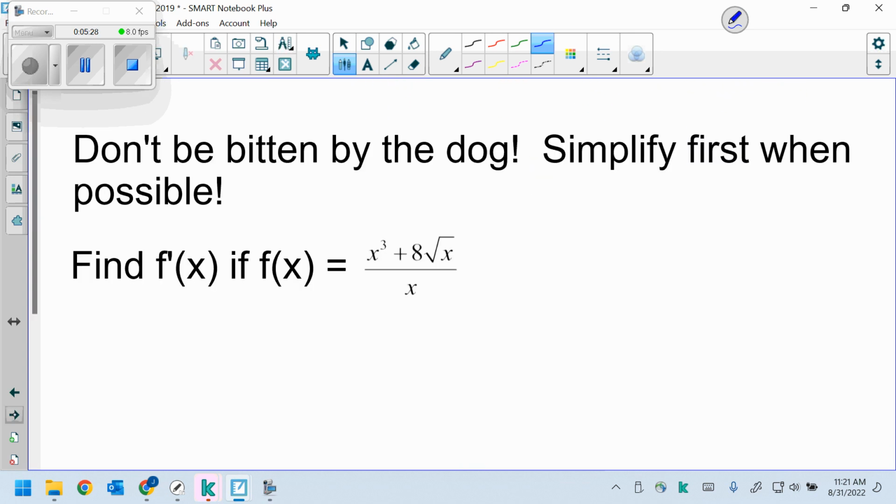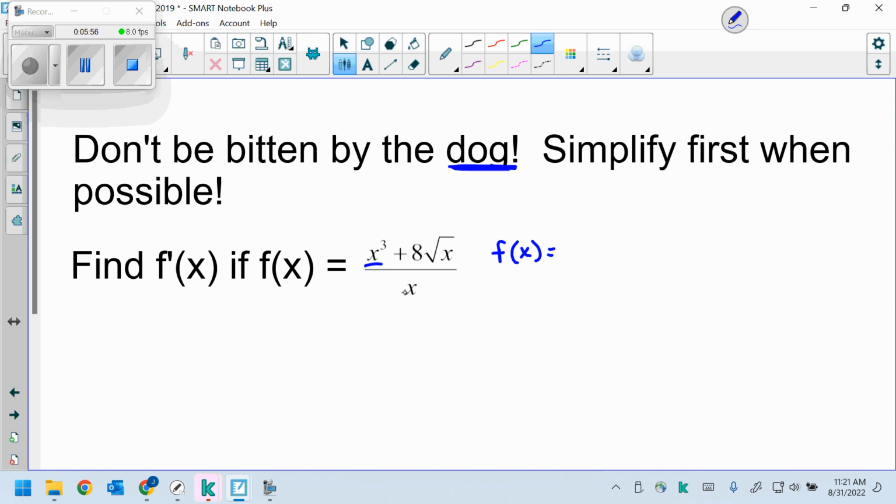Now, for those of you who took AB, I think I told you about the dog last year. So I'm not going to worry about the dog this year. Just realize that if you're asked to find the derivative of a function that can be simplified, simplified means make things simpler. Before you find the derivative, make life simpler. Simplify the function. Let's call it f of x.